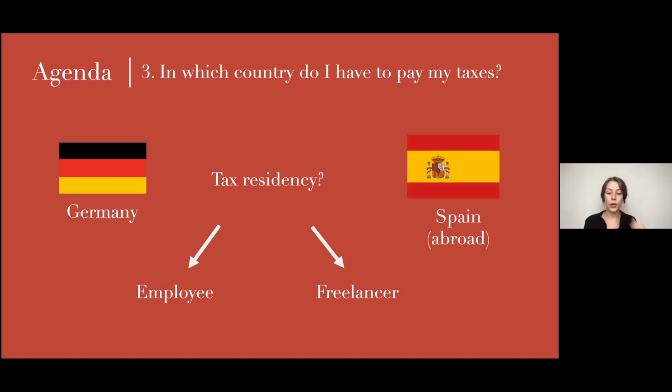Now I want to differentiate between employees and freelancers, because there are small differences between both groups of persons. Starting with the employees: if the employee does not stay abroad for more than 183 days, which is 6 months, within a fiscal year, then usually Germany has the right of taxation.